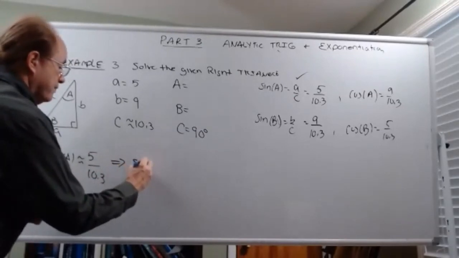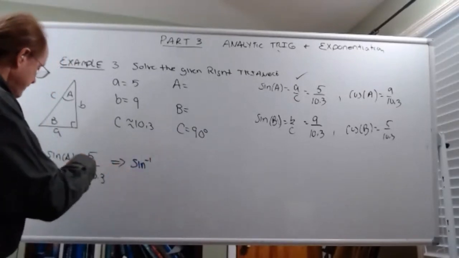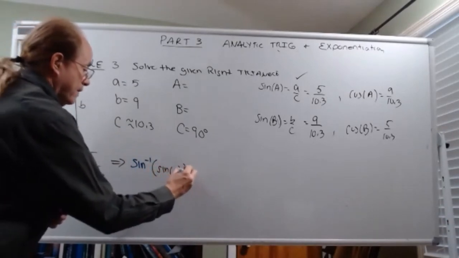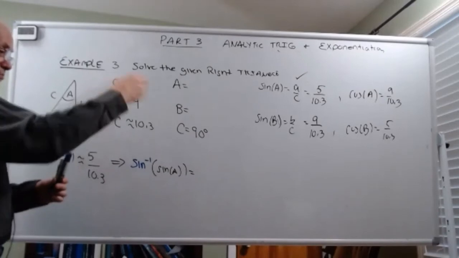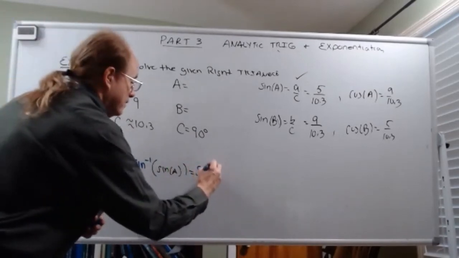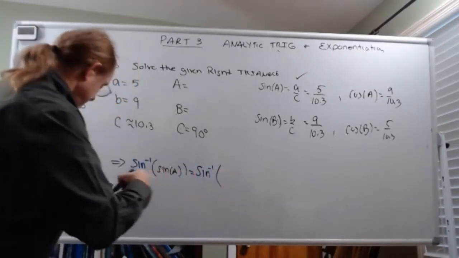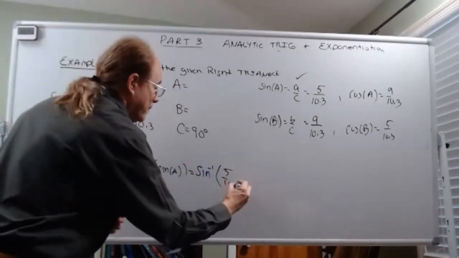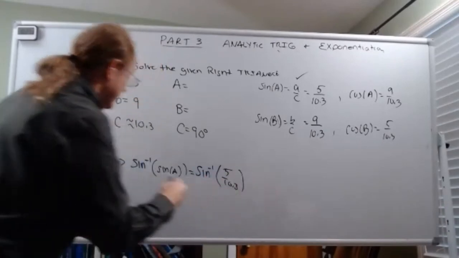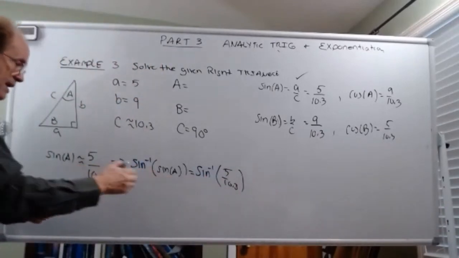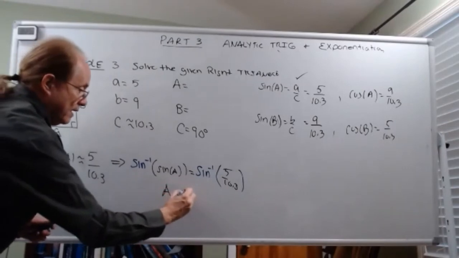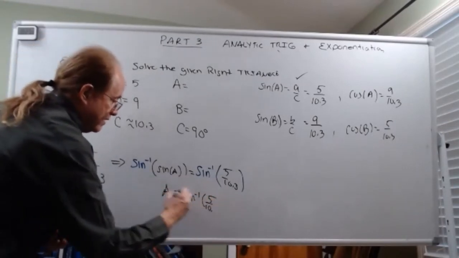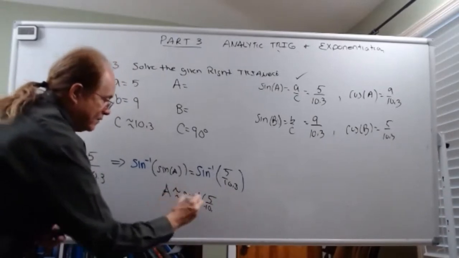So I have the inverse sine of the sine of A is equal to the inverse sine of 5 over 10.3. This is going to give me the measure of angle A: sine inverse of 5 over 10.3. And again, it's an approximation over here.